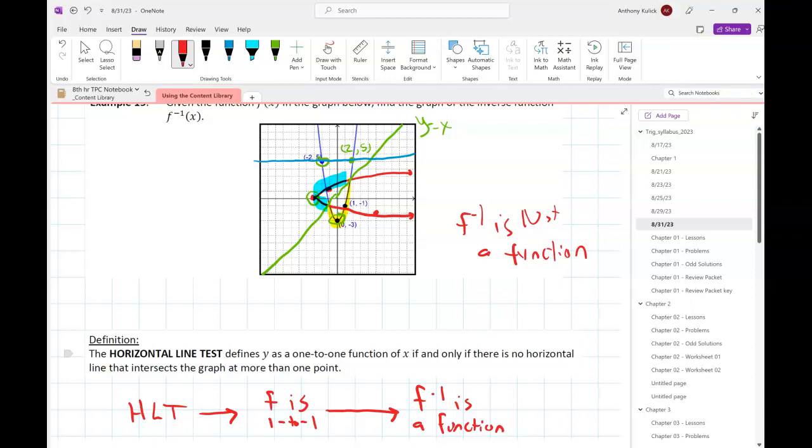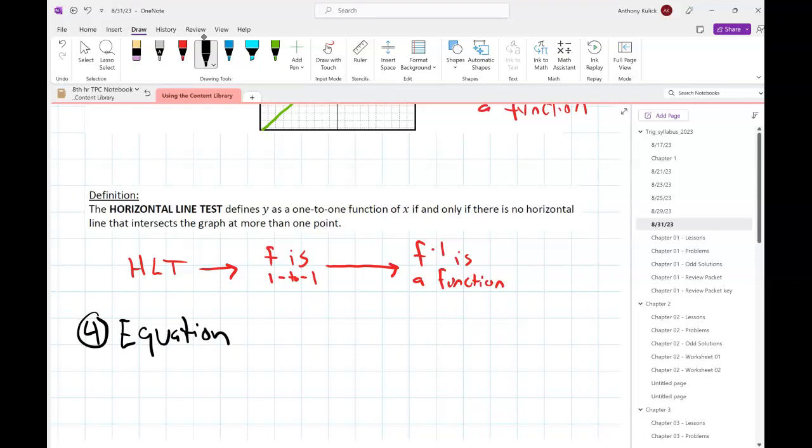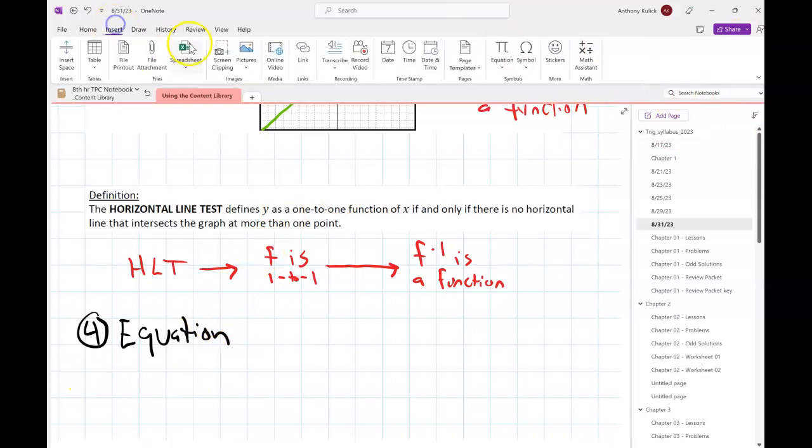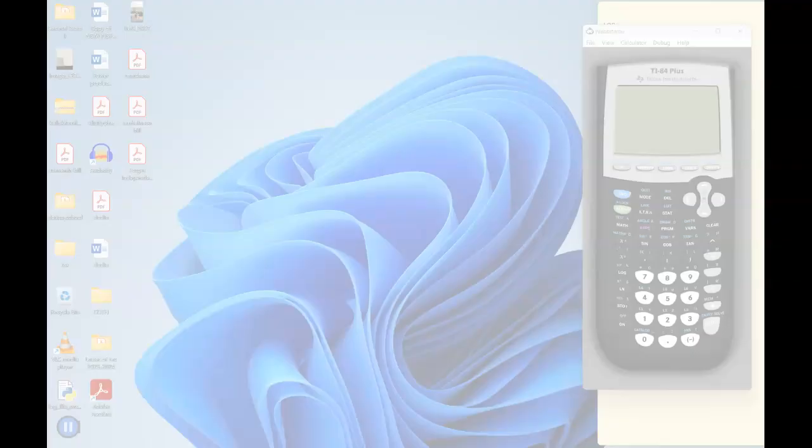All right. Next and last situation is if we're given an equation. We're going to do this one example here, and then we're going to stop here. We have a whole heap of examples after this to get through.